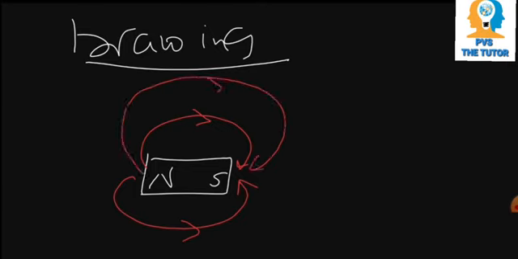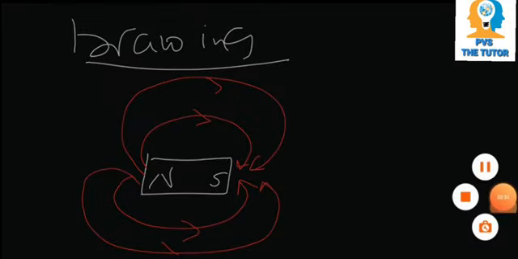Make sure they don't touch each other, even as they are starting from one point. So that's how graphically we can show the movement of magnetic fields from the north pole going to the south pole.